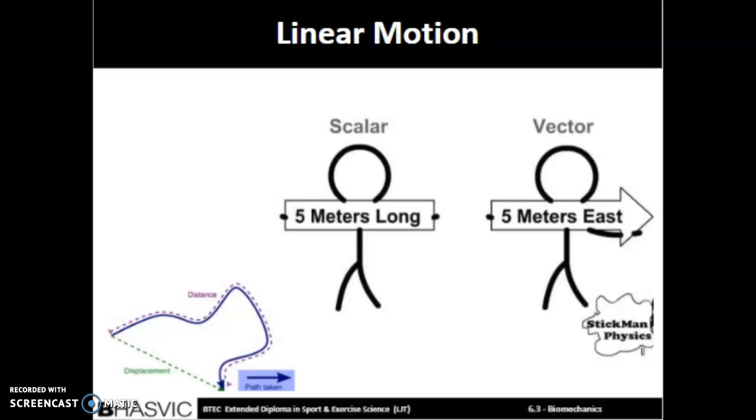Acceleration is calculated by dividing change in velocity by time taken, with acceleration being measured in meters per second squared.